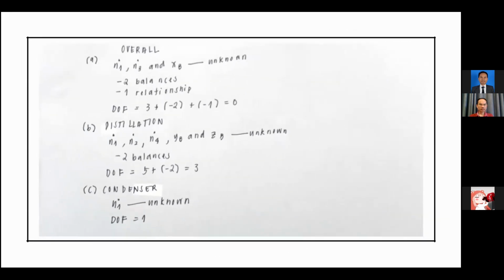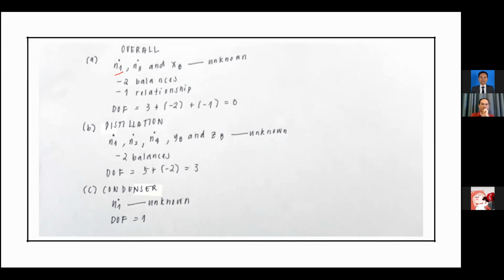So here is the degree of freedom analysis. For the overall process, we have N1, N3, and x_b as the unknowns. Then we have two balances, toluene and benzene, and one relationship. So the degree of freedom for the overall process is 0.